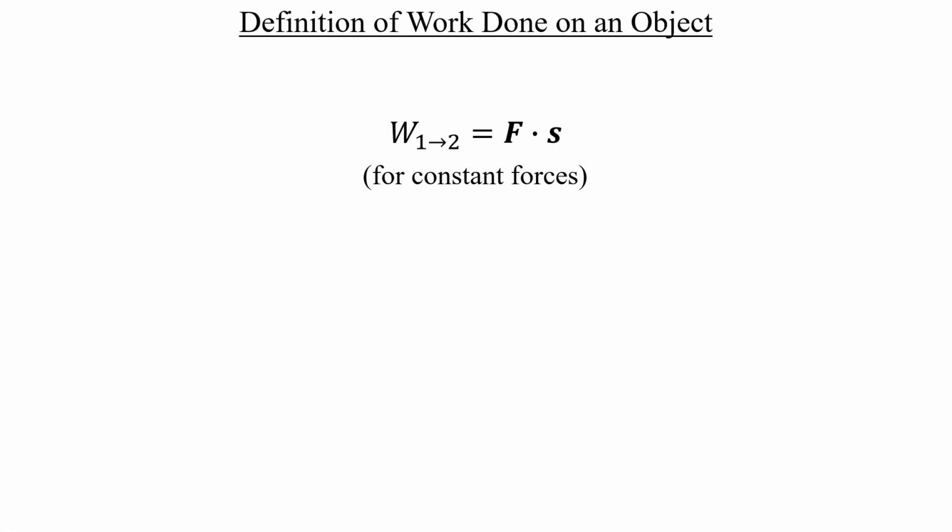If you haven't been introduced to dot products of vectors yet, or perhaps in case you forgot, here's a real quick reminder. Let's say that I have two vectors in a two-dimensional space, like an xy plane.